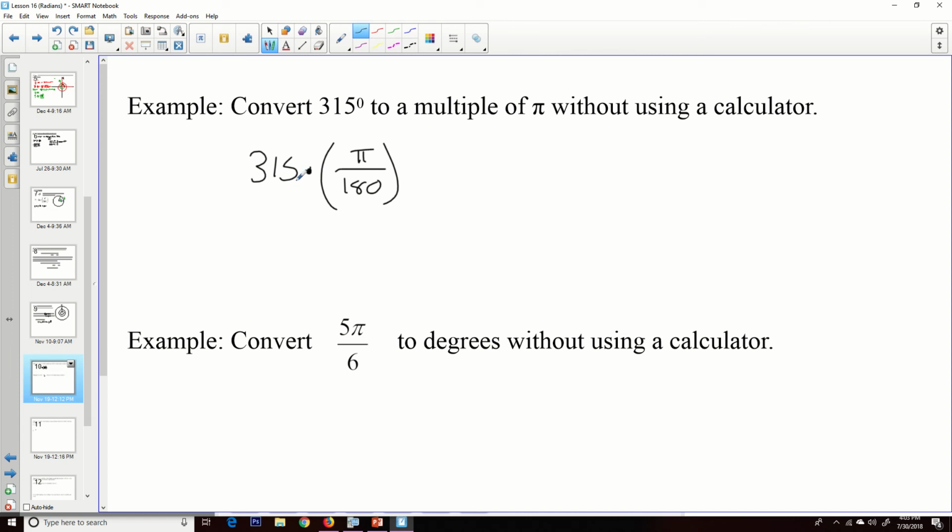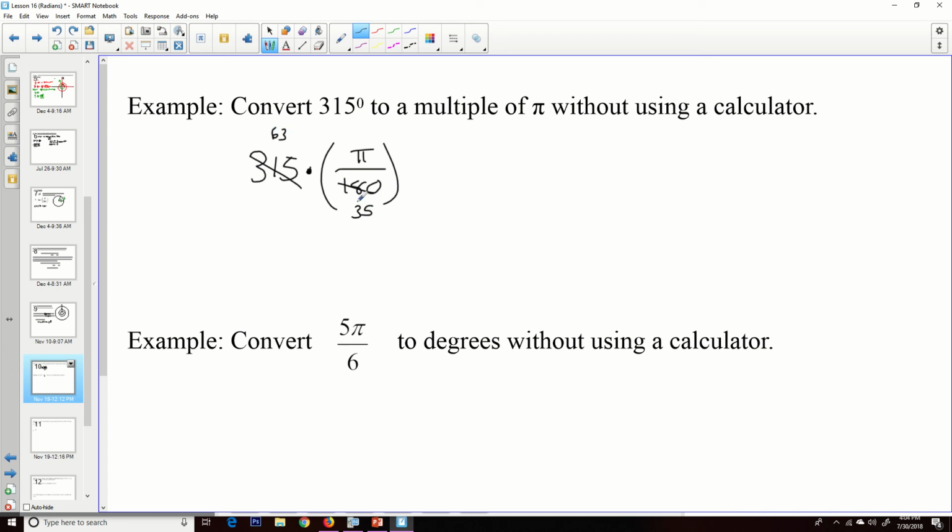Let's see here. I can reduce a 5 out of each of those. 315 divided by 5 will give me 63. And 180 divided by 5 will give me 36.